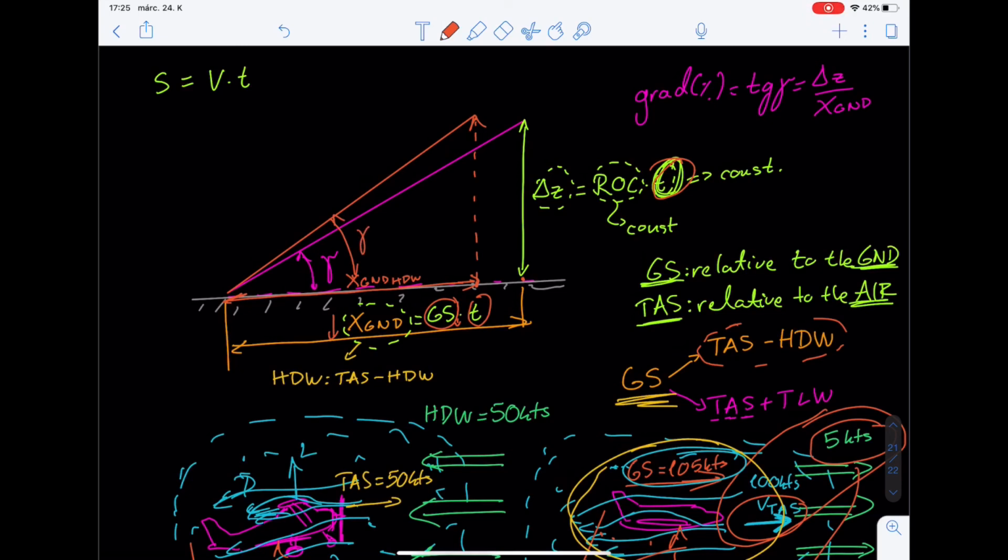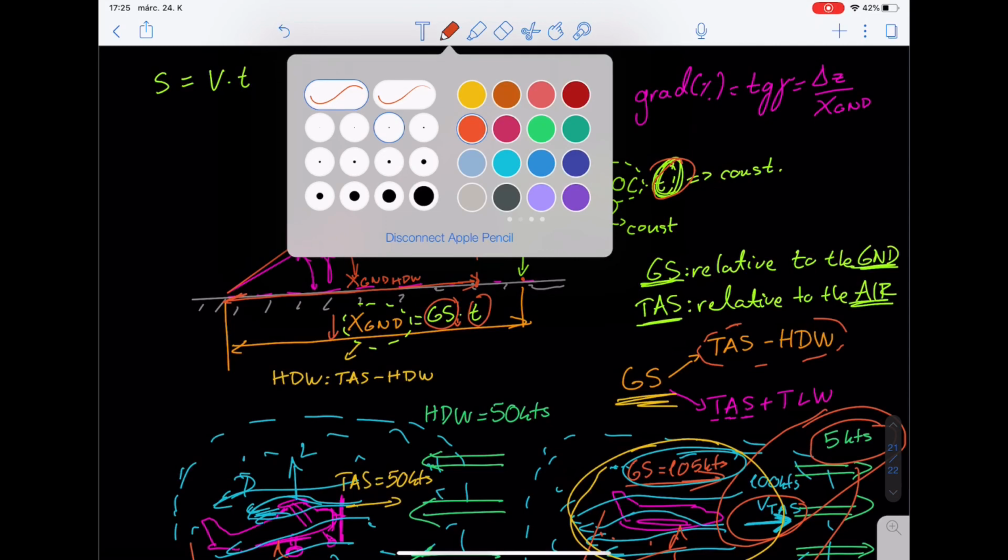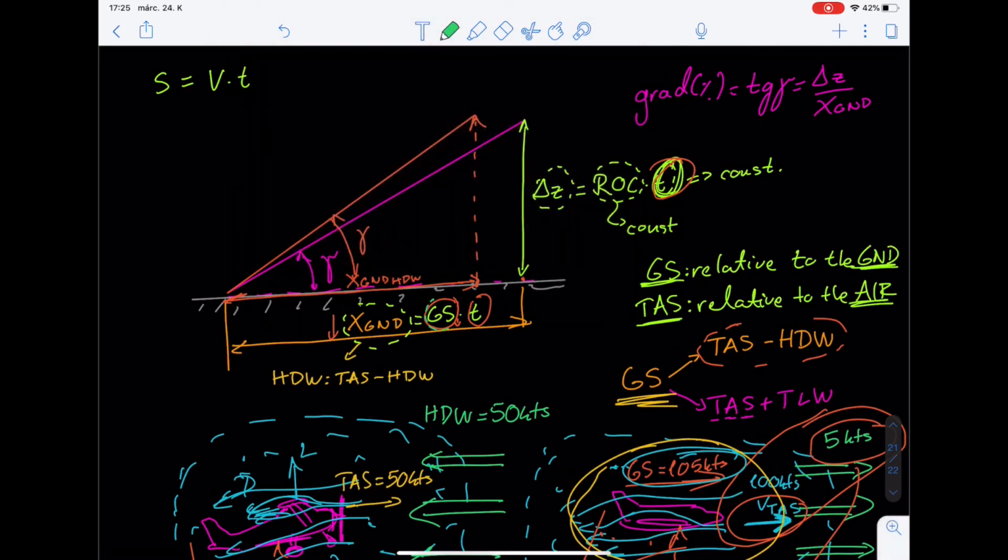So now what happens if you have a tailwind? If you have a tailwind, your ground speed is going to be equal to the true airspeed plus the tailwind. So this ground speed is going to increase with the amount of the tailwind. The time is going to be a constant.